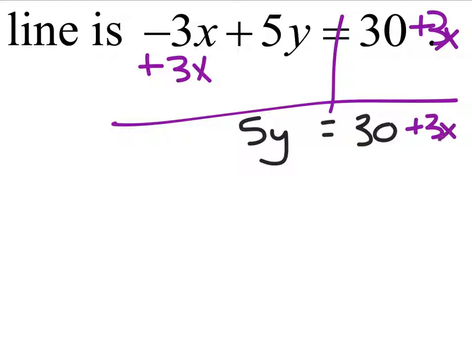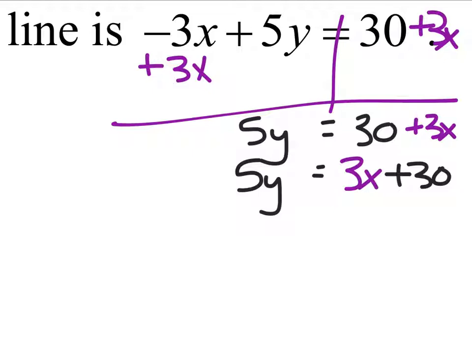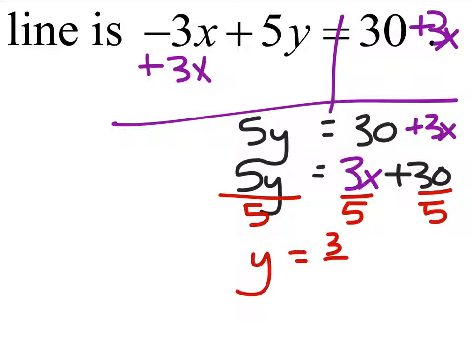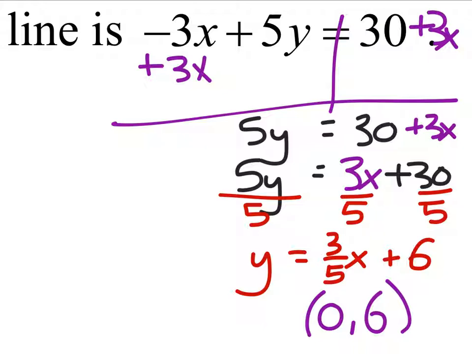But again, we can switch these around so that it looks more like slope-intercept form. So now I have 3x, and then that was a positive 30. But we still have 5. So let's get rid of that 5 by dividing everywhere by 5. That gives us y equals 3/5 x plus 30 divided by 5 is 6. And that's great because it gave us the y-intercept at 0, 6.